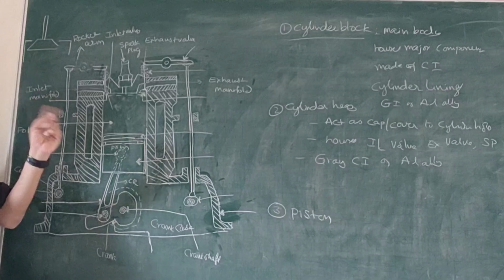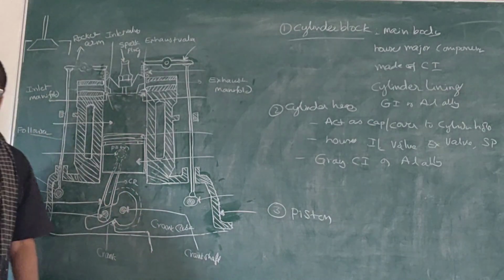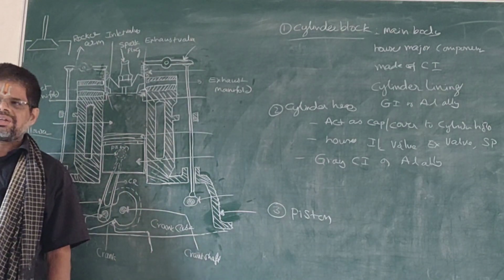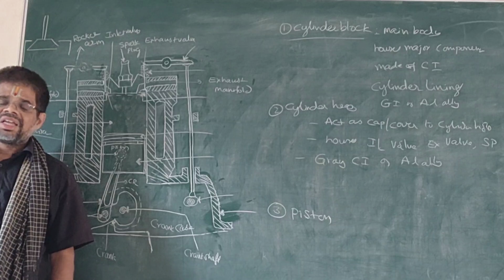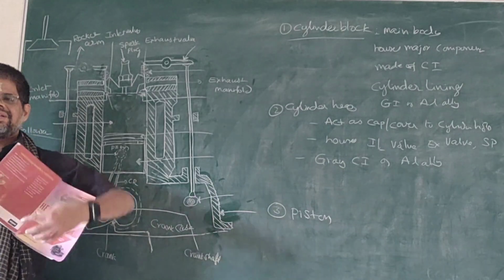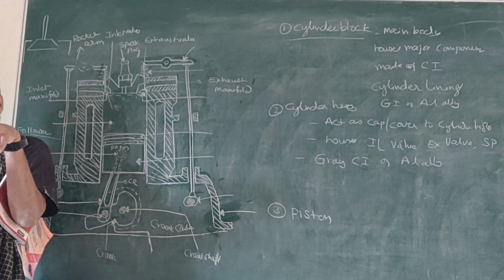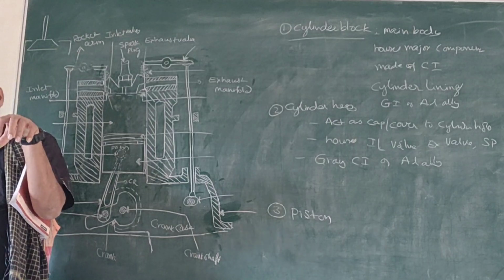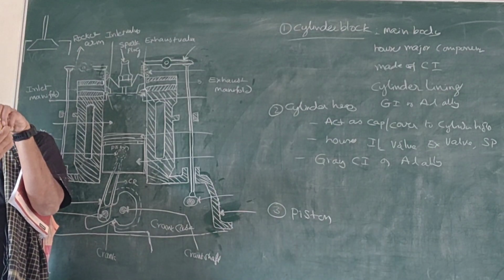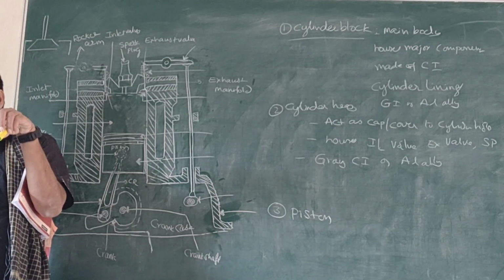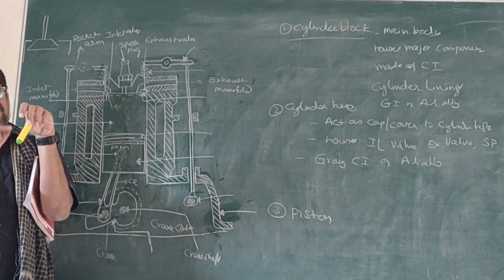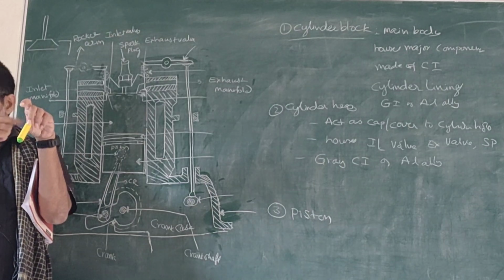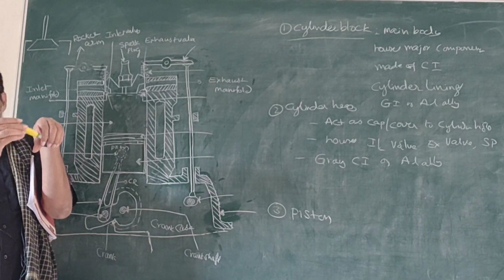So what is the shape of the piston? Cylindrical. Is it a solid cylinder or hollow cylinder? This is a hollow cylinder. In the sense, it is like this, and it consists of a hole in which the connecting rod is inserted, and there is a pin. So the connecting rod small end consists of a hole, and the piston also consists of a hole.